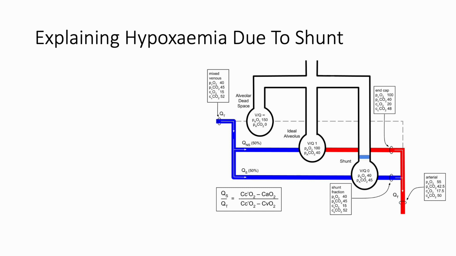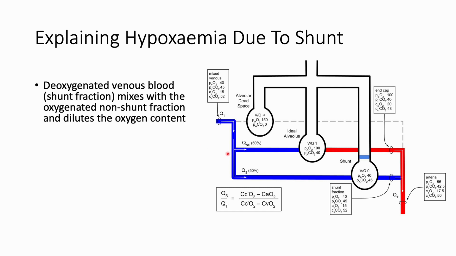It's quite intuitive to understand how shunt can cause hypoxaemia. The blood flowing through the shunt fraction is deoxygenated venous blood with a low oxygen content, so when it mixes with the pulmonary end capillary blood, it will dilute the oxygen content.